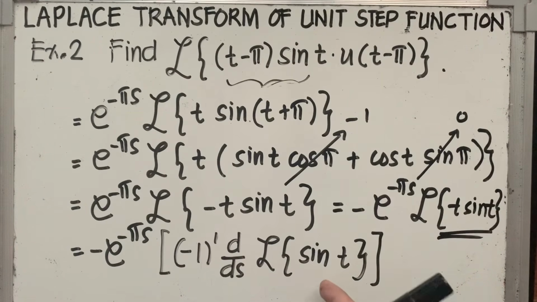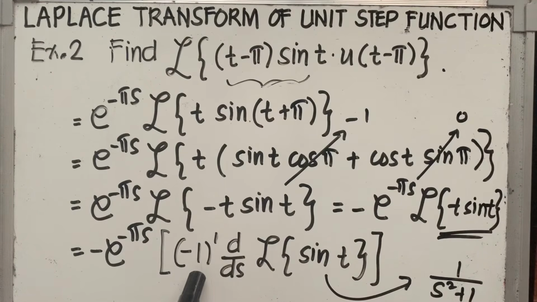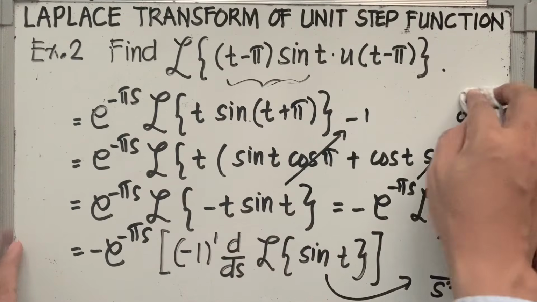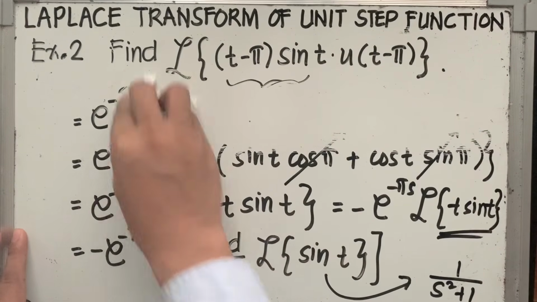Yun yung rule natin, di ba? Sa differentiation ng Laplace transform. Or the multiplication of t proper t. So, ano nga ba yung Laplace ng sine of t? So, that's 1 over s squared plus 1. Negative 1 times negative e raised to negative pi s is positive na.